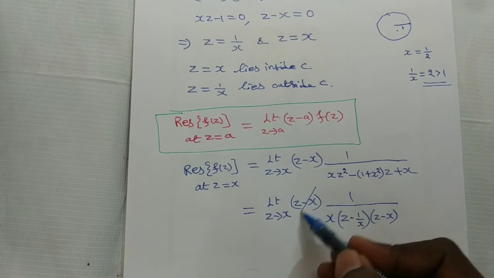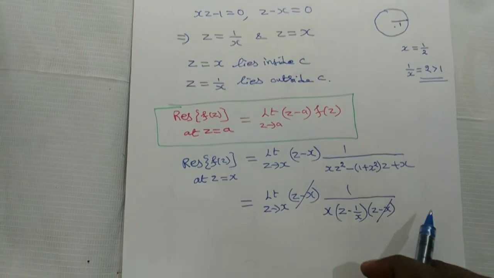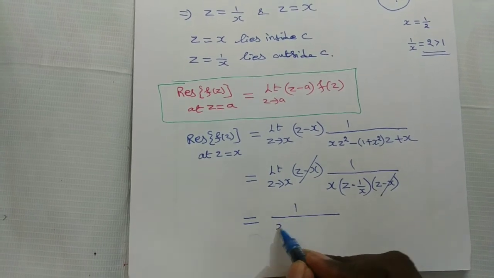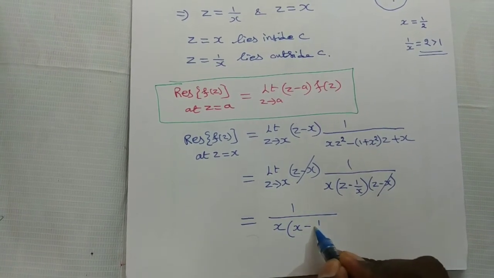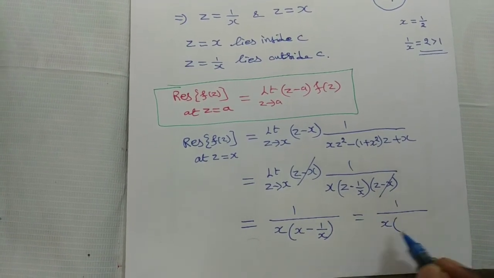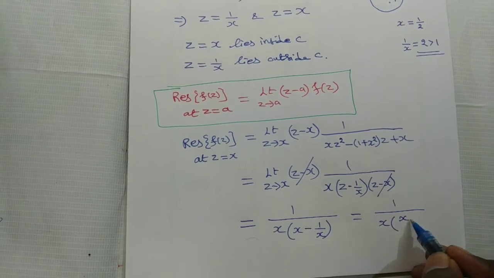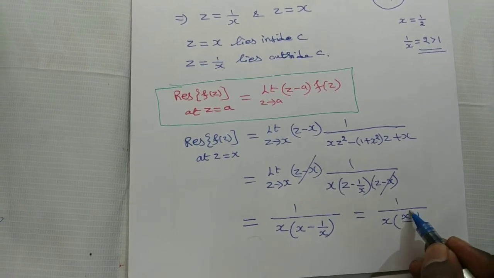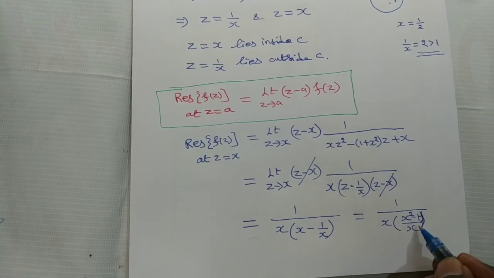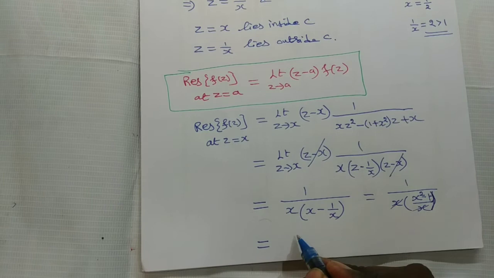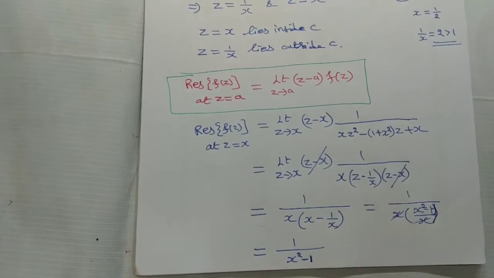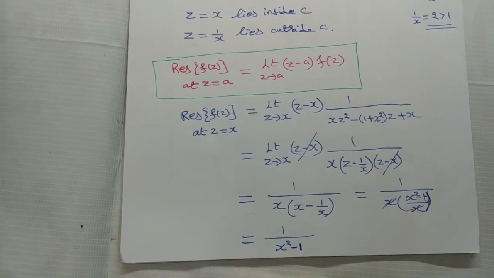Here z − x can be cancelled. Now put z = x: 1/(x(x − 1/x)). Simplify: cross multiply, x² − 1 over x, so the x cancels. Finally, the residue is 1/(x² − 1). This is the residue at z = x.